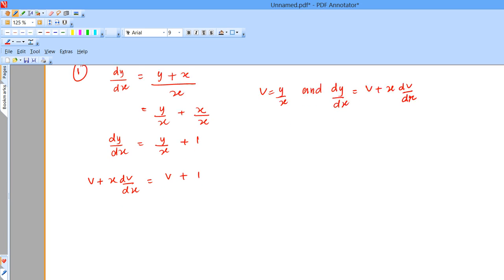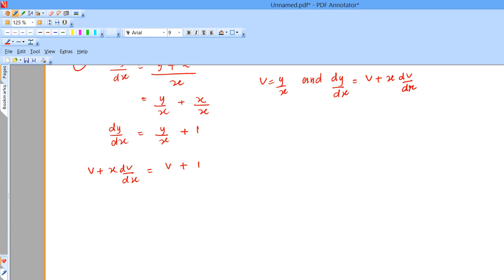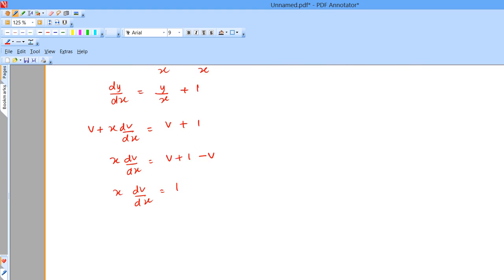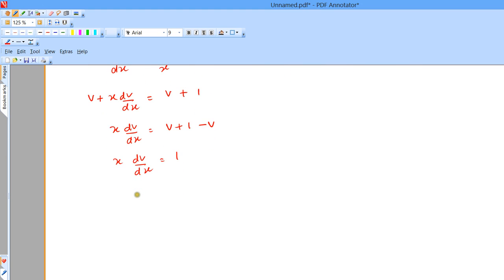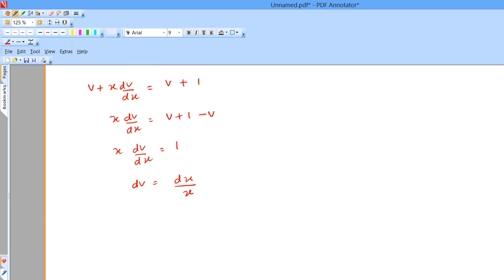We want to separate the variables, so we can move v to the right hand side. So x dv over dx equal to v plus 1 minus v. So x dv over dx equal to 1, and then we separate the variables. We get dv equal to dx over x, and then integrate both sides.